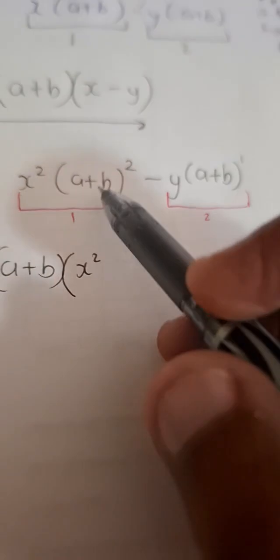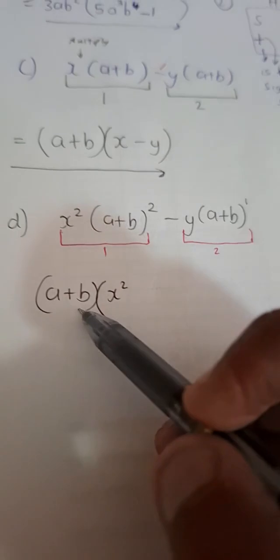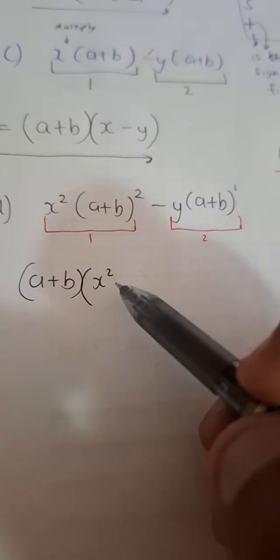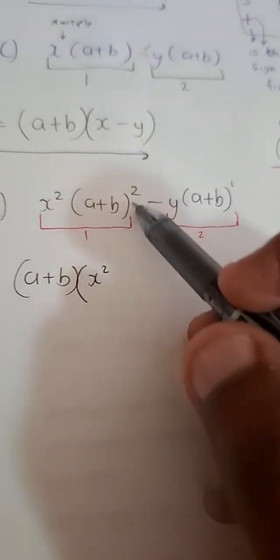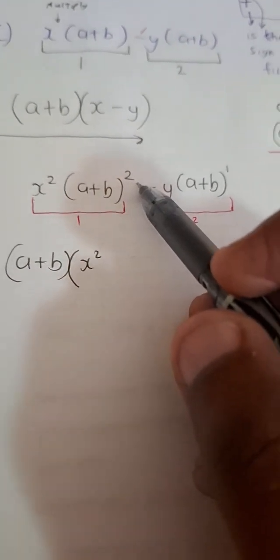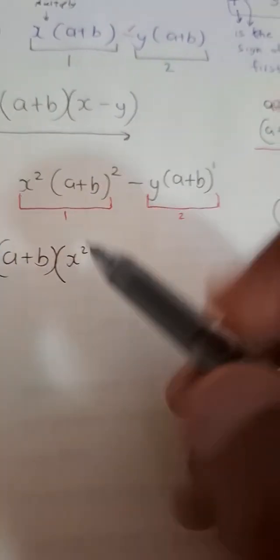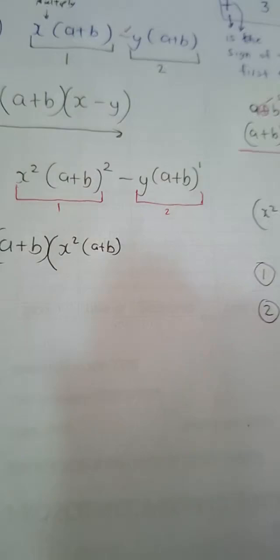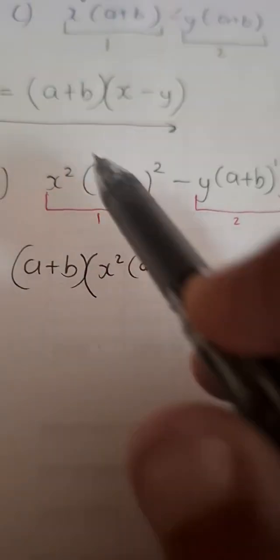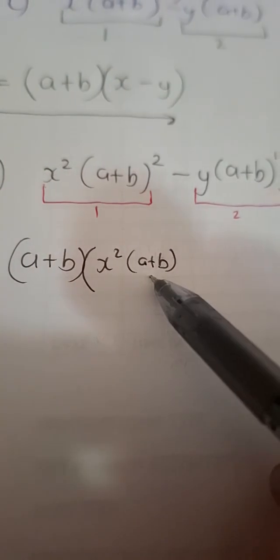But remember, we took out one a plus b. How many a plus b's do I need to add if I need 2 of them? I took out 1, I need 2. So 2 minus that 1 gives me how many a plus b's? 1 a plus b. So I need to write x squared into a plus b. On the left, I'm left with that, guys.